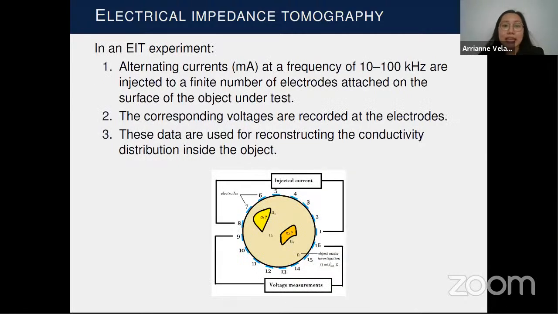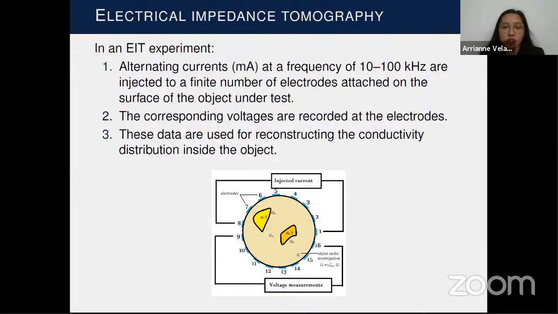In an EIT experiment, we have a finite number of electrodes attached on the surface of the object under test. These blue line segments in this picture are our electrodes, and at these electrodes we inject alternating currents at a frequency of 10 to 100 kilohertz. On the same electrodes, we record the corresponding voltages.